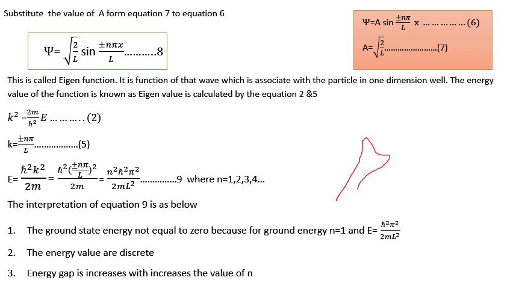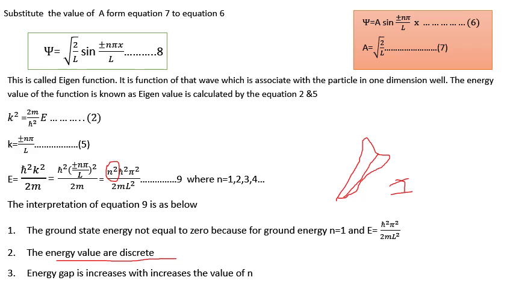The particle is basically jumping from one energy state to the next inside an atom, as we know. Why? Because of the presence of this n, the energy levels are discrete. It means that we are not getting continuous energy levels, we are getting discrete energy levels.